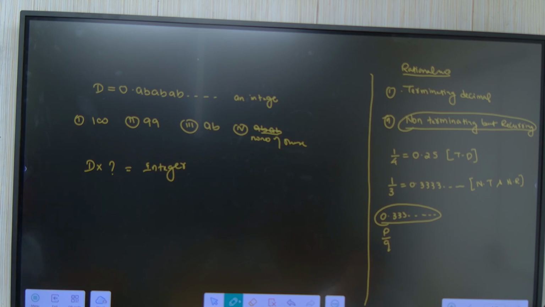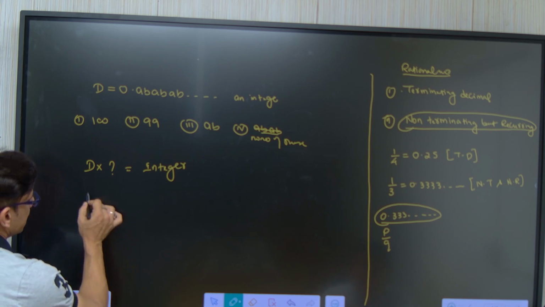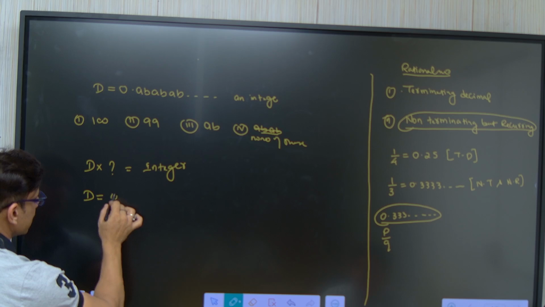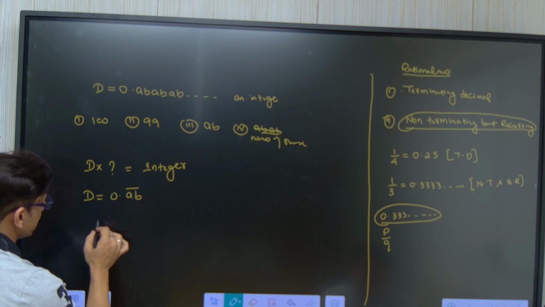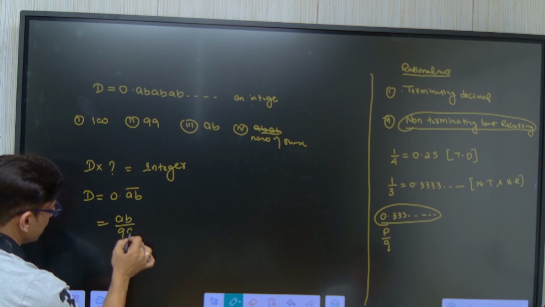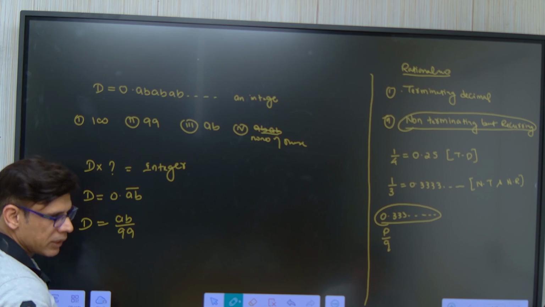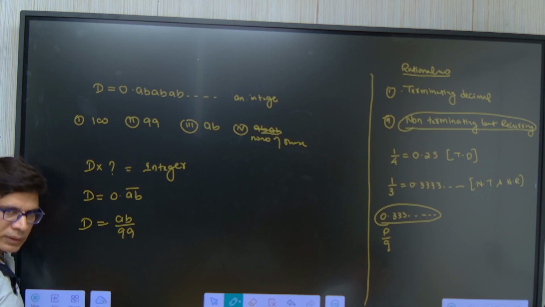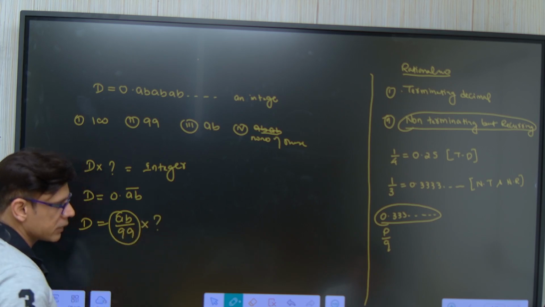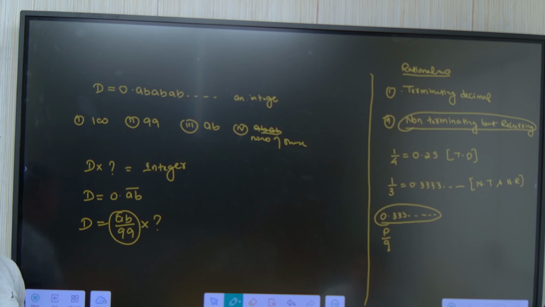So first of all, see, D is equal to how much? 0.AB bar, right? First, you can write this AB bar as what? AB by 99. So D is equal to AB by 99. So this number should be multiplied with how much, so that it will make sure that whatever number we have is an integer.